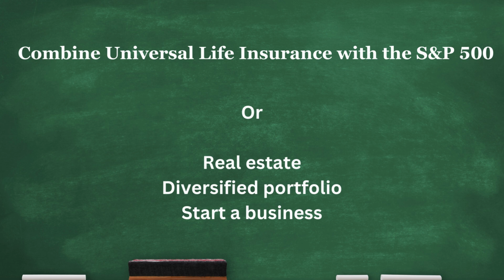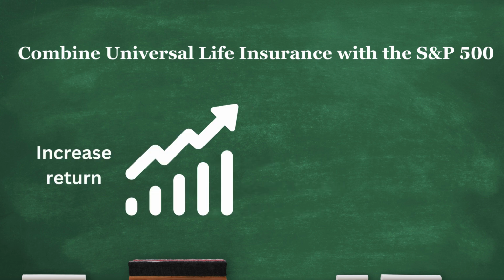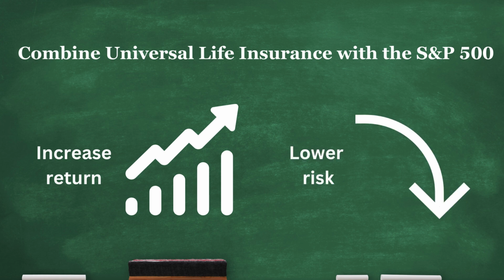You could use it with buying a diversified portfolio. It doesn't have to be an index, really anything that you want. I'm just going to use the S&P 500 today for illustration purposes, to help understand how pairing a universal life policy with investments can help you increase return and lower risk overall.